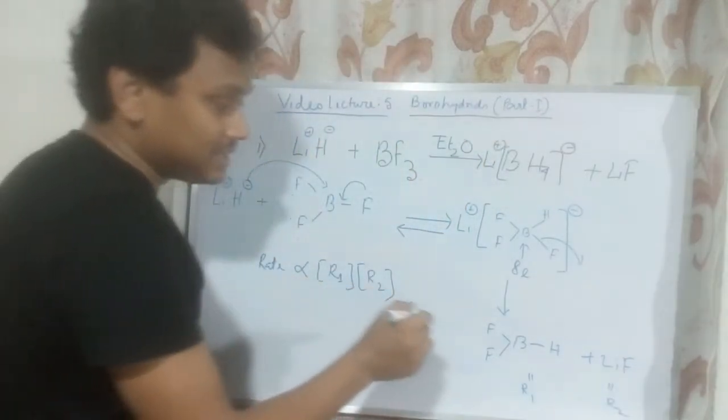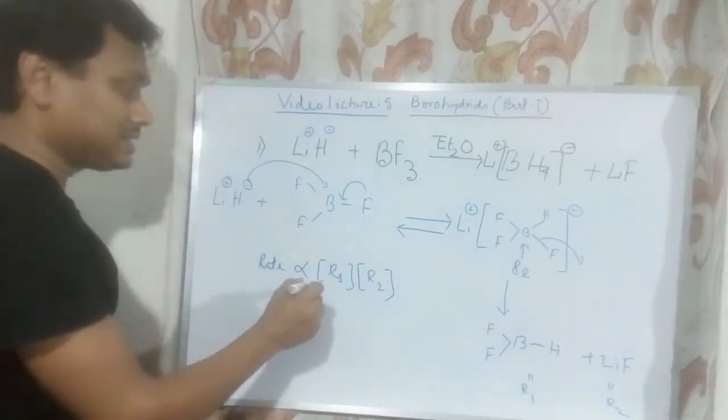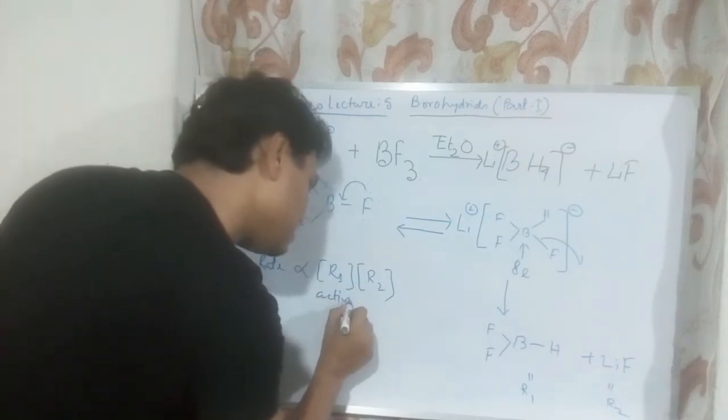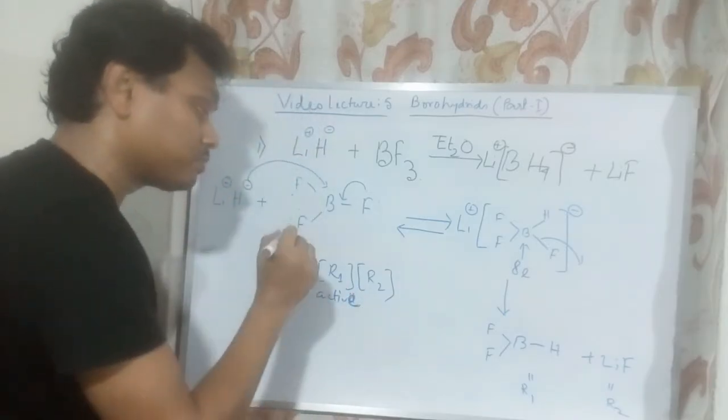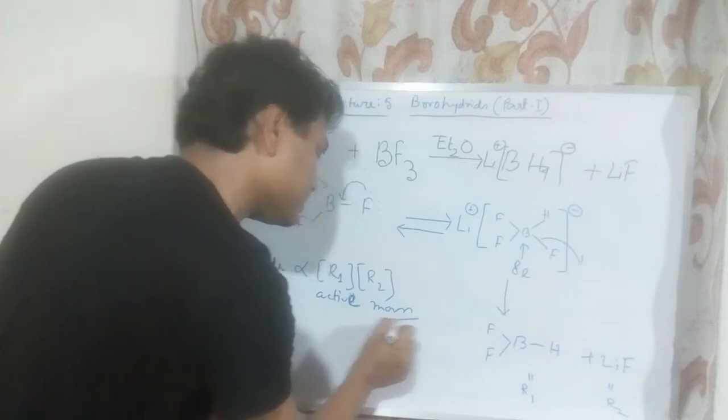But this is proportional to the mass, and the actual word is the active mass of reagent 1 and reagent 2. Please keep this in mind. This is not the mass, this is the active mass of the reagents.